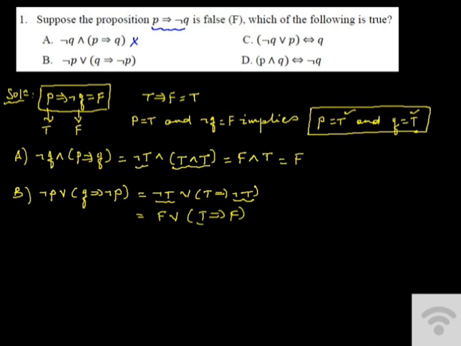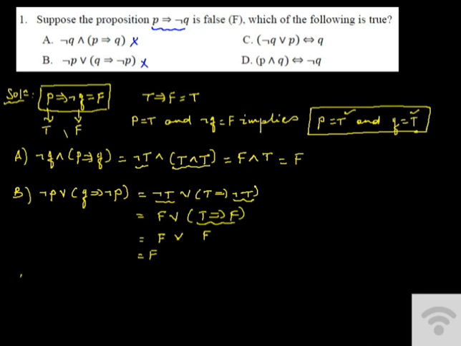We know that true implies false is false. Here we have false or false, which is false. So B is not a true compound proposition.